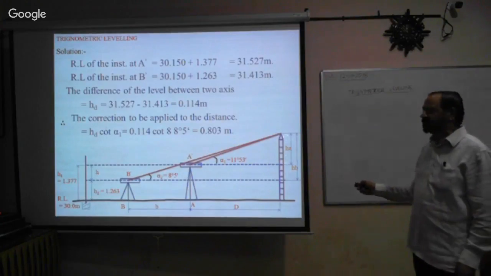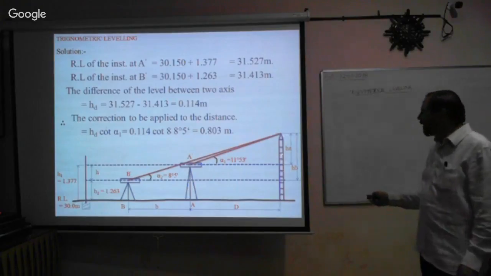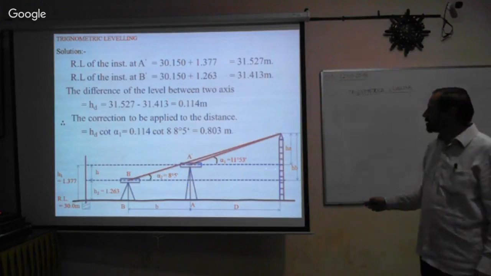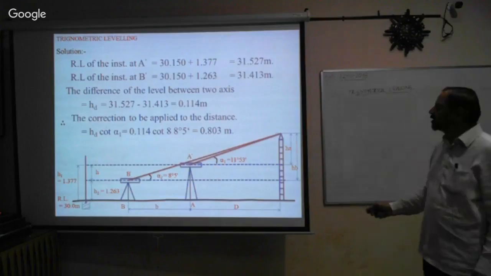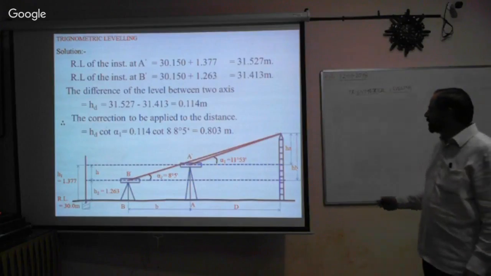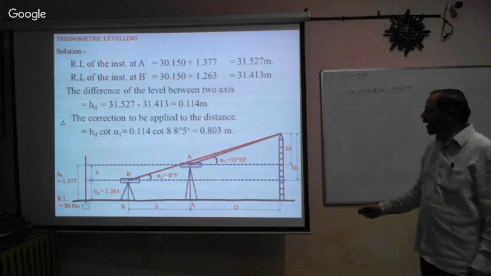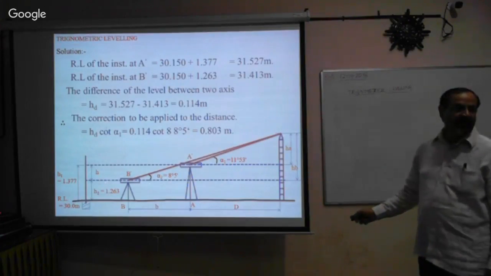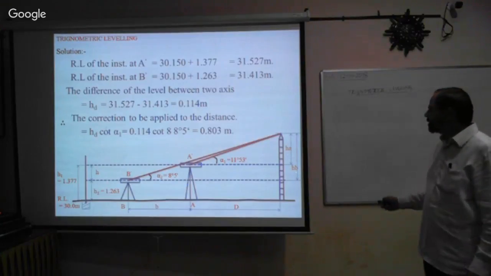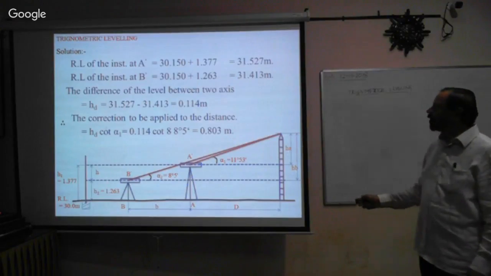Now please calculate HA, that is the height of the object above the instrument axis at station A, and similarly HB, the height of the object above the instrument axis at station B. Now calculate HA and HB and equate them.